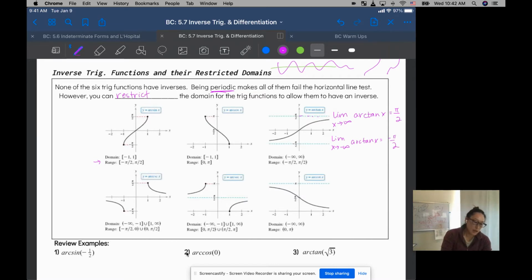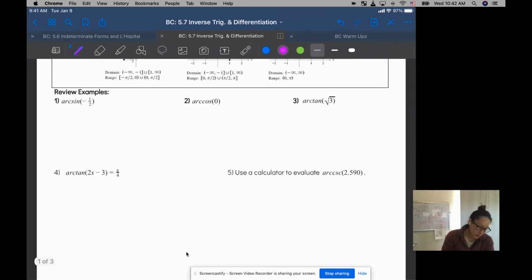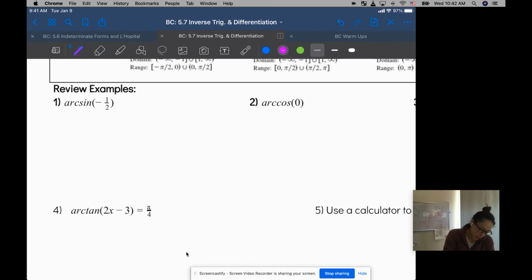All right, so this is a little review from pre-calc, but just remember the arcsine of -1/2. This is just another way to solve these: if I have y is equal to the arcsine of -1/2, the official way to change the form to regular sine would be to take the sine of both sides.